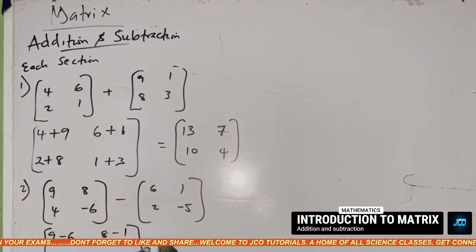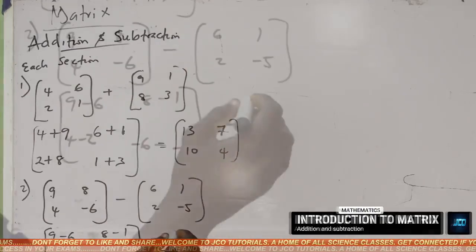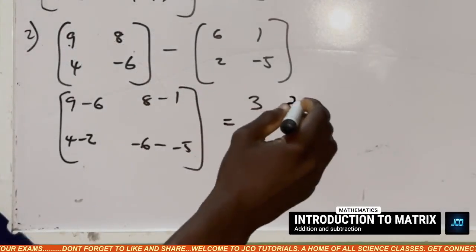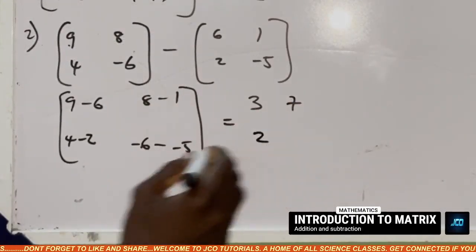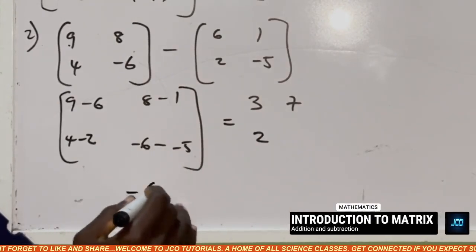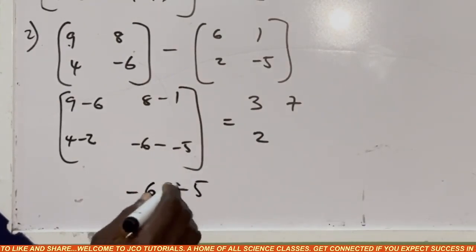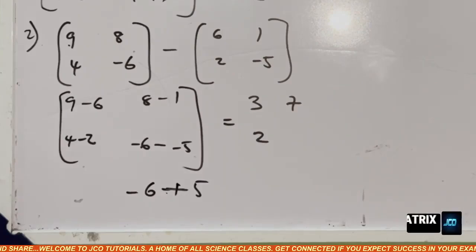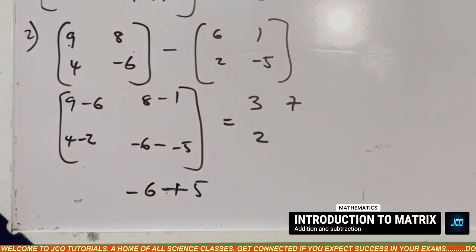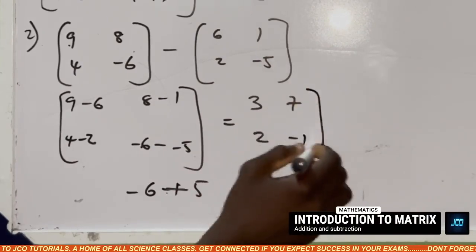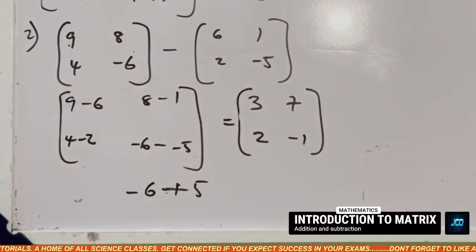The way you do your mathematics, 9 minus 6 is 3, 8 minus 1 is 7, 4 minus 2 is 2, minus 6 minus 5, minus is plus, so minus 6 plus 5 gives us minus 1. So this is how we add and subtract matrices. In our next class, we're going to deal with how we multiply matrices.